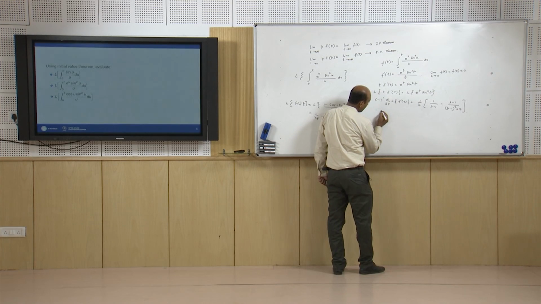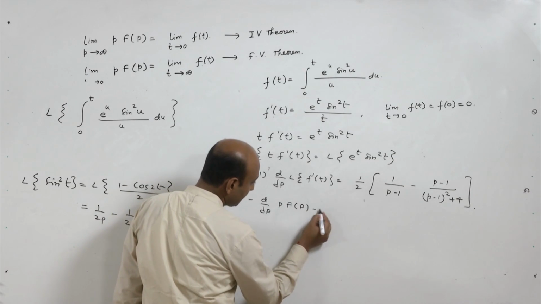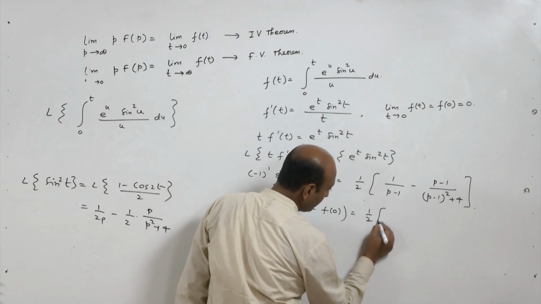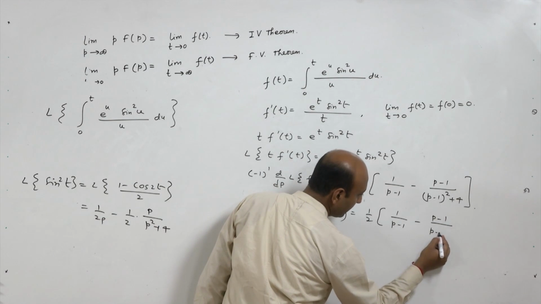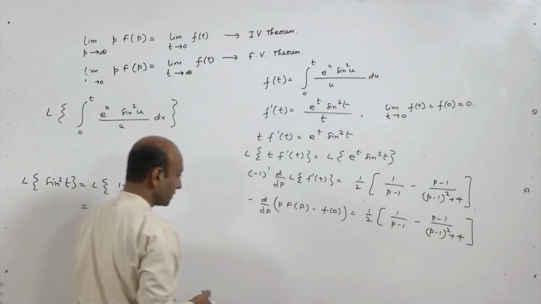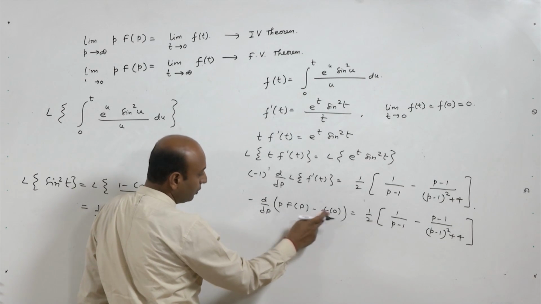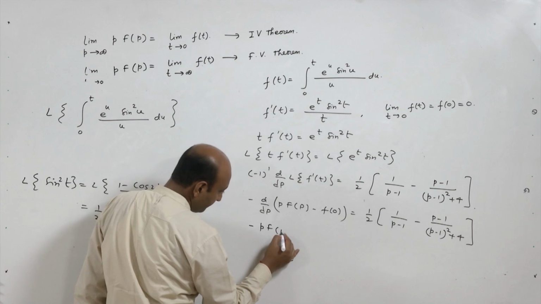Now, minus of d by dp of p F(p) minus f(0) is 1 by 2 of 1 upon p minus 1 minus p minus 1 upon (p minus 1) whole square plus 4. The derivative of f(0) with respect to p is 0, so it is minus d by dp of p F(p).